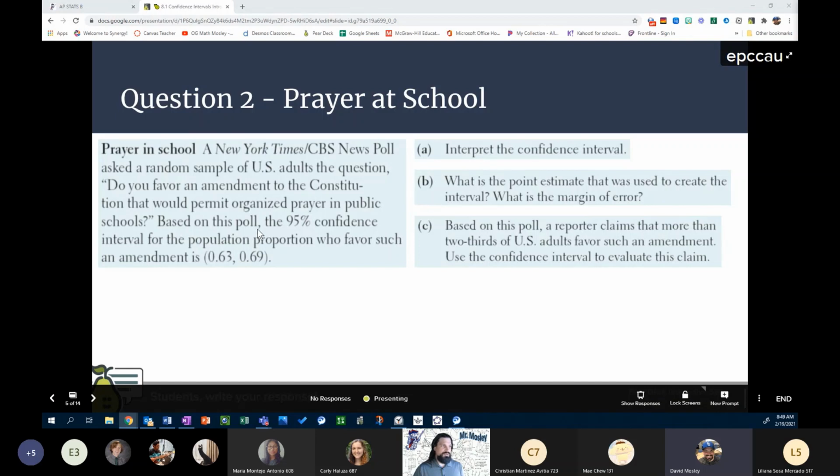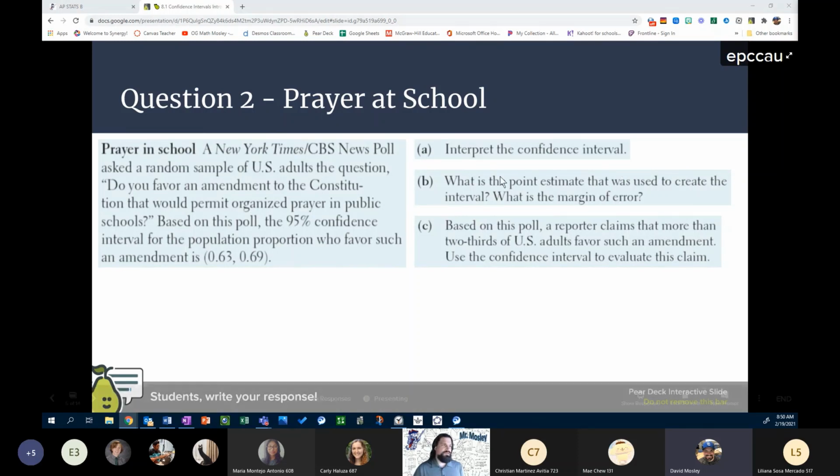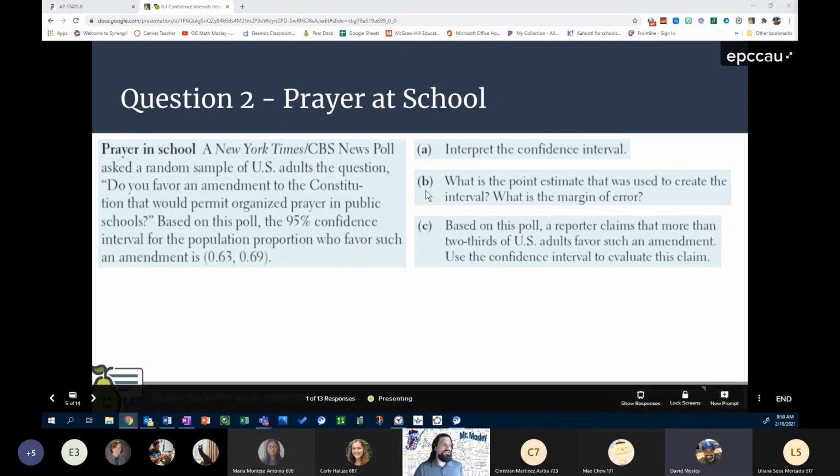Based on this poll, the 95% confidence interval for the population proportion who favors such an amendment is 0.63 to 0.69. Part A is to interpret the confidence interval. So that's similar to what we did in the first example problem. Right. And then part B, what is the point estimate that was used to create the interval?